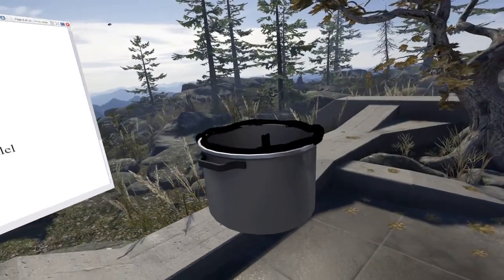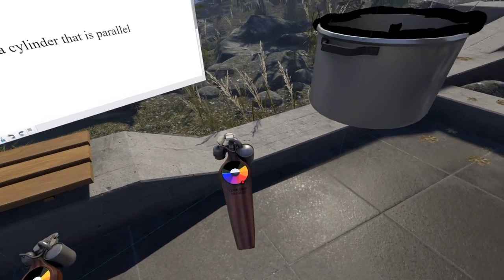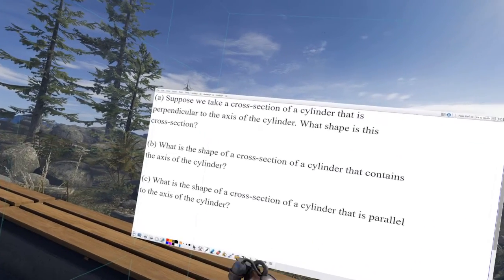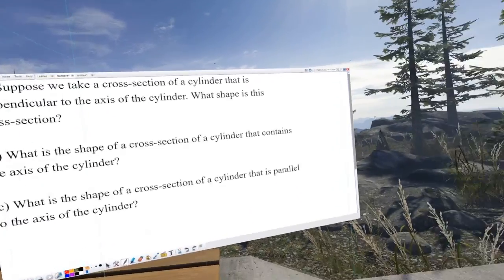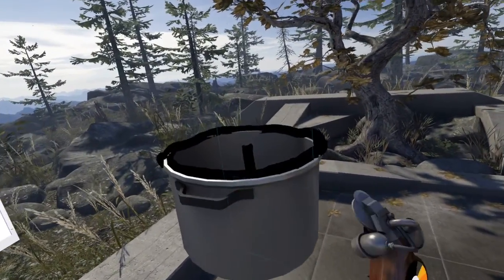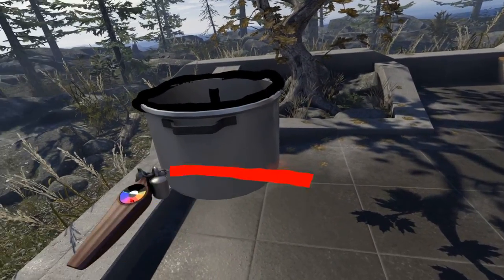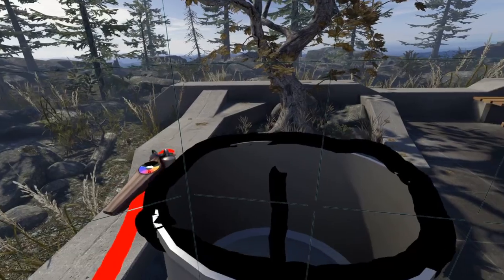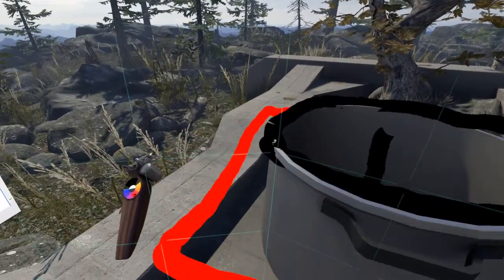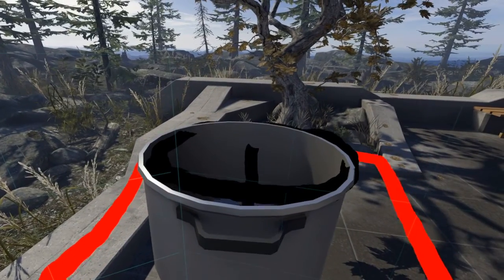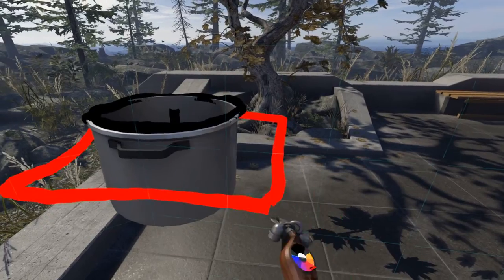All right, now let's make a plane that's going to make a cross section perpendicular to that axis. So what is that going to look like? Perpendicular means forming a 90-degree angle. So I want to draw the plane such that if it were to cross through, it would be at a 90-degree angle. So something like that.